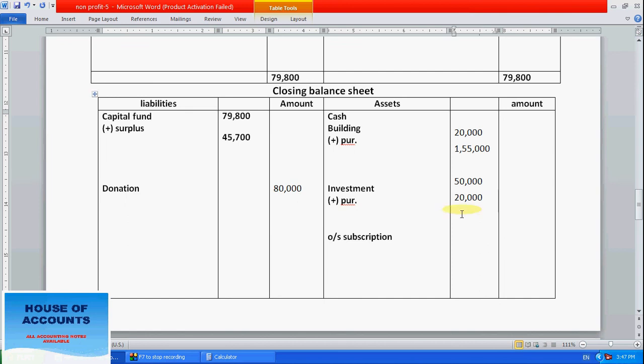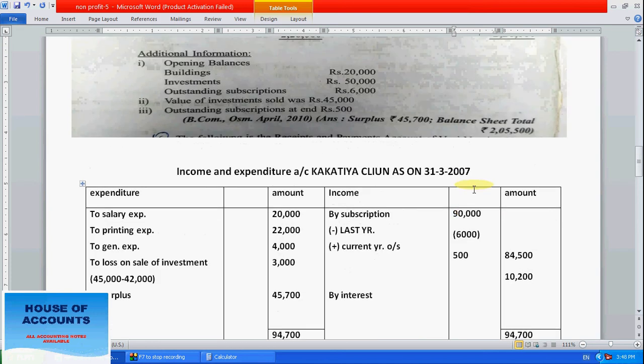Okay, and sale, right here minus sale is how much? 45,000. How much value do we have for sale of investment? Whatever investment we have sold, that investment value is 45,000. So deduct this amount. Okay, so we'll do it later.